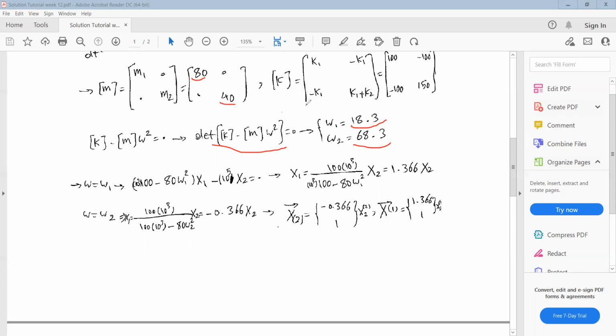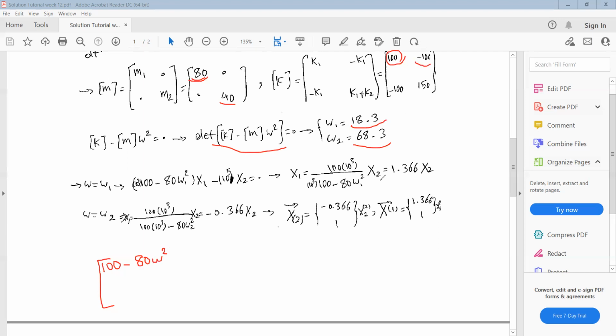Now we can extract the mode shapes by substituting into the equation. You know, we have the matrix K minus M omega squared. K minus M omega squared will be a matrix like this. The first component of K, which is 100, minus M omega squared, and the M component is 80, so minus 80 times omega squared.